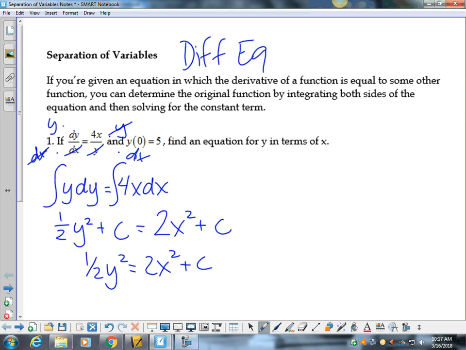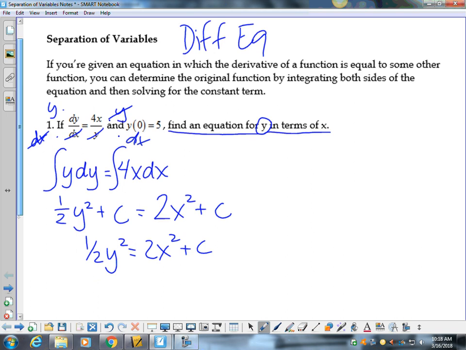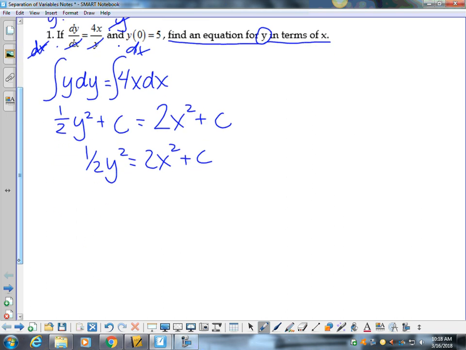Okay, now it says find an equation for y in terms of x. So what does that want me to do? Yep. So what's left to do here? Not divide by 2. Multiply by 2. And don't put 2c. It's just a c. It's just a constant.